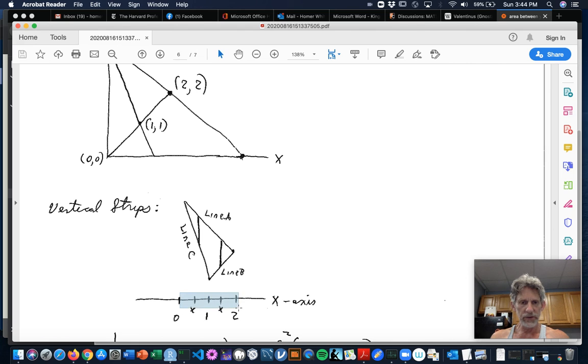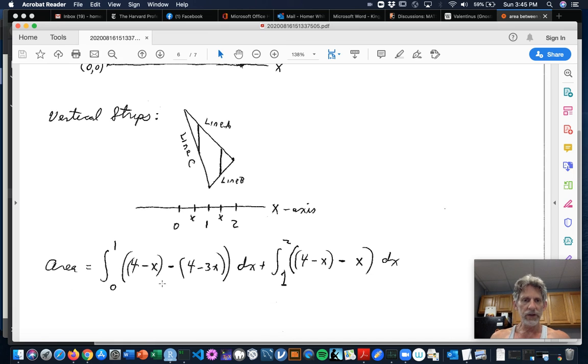And then I'm just drawing 0 to 2 on the real number line and drawing my region over it. And I'm thinking, there's going to be a change when x is 1. Between 0 and 1, when I choose an arbitrary x, my little vertical strip is going to have line A for the top and line C for the bottom. But between 1 and 2, my little vertical strip is going to have line A for the top and line B for the bottom.